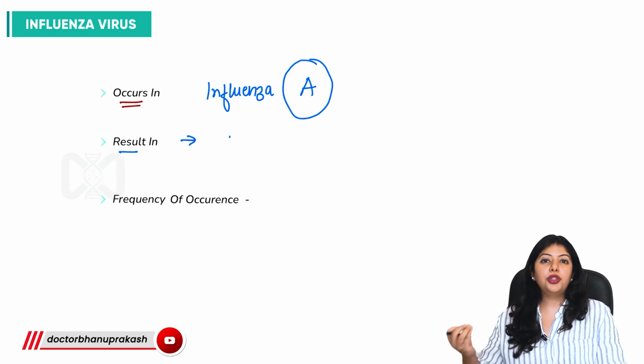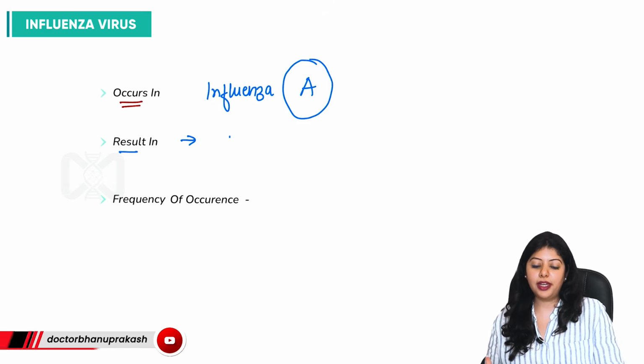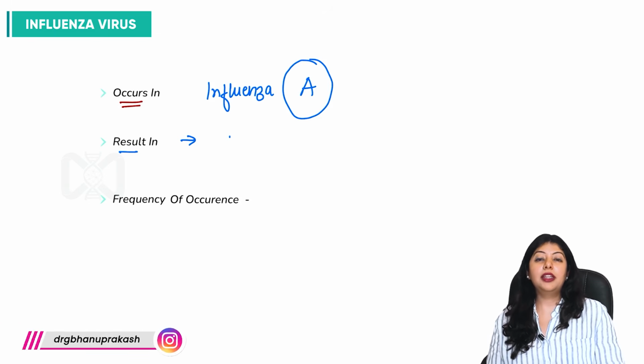So whenever a new virus comes in our society, it leads to a state of pandemic, a major situation that takes place, right? That is the case which occurred in coronavirus, although it is not associated with the influenza family, but that was a pandemic situation which occurred, right?